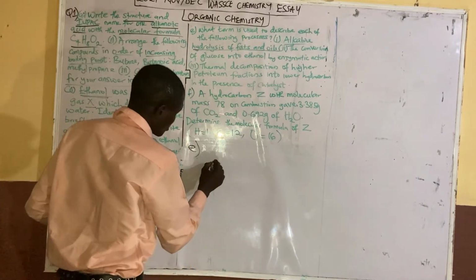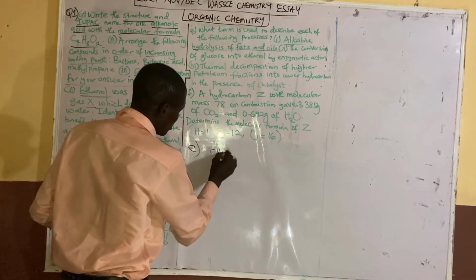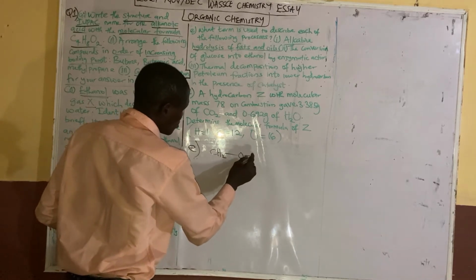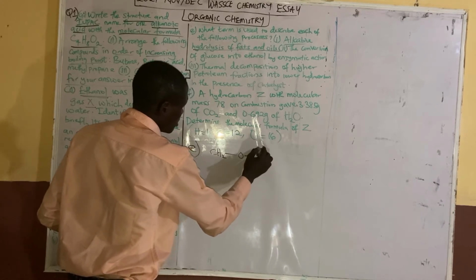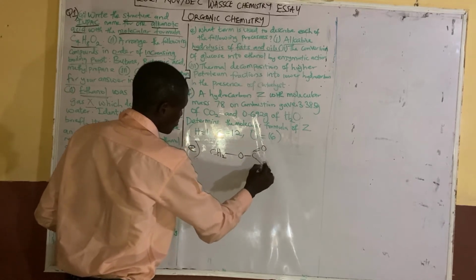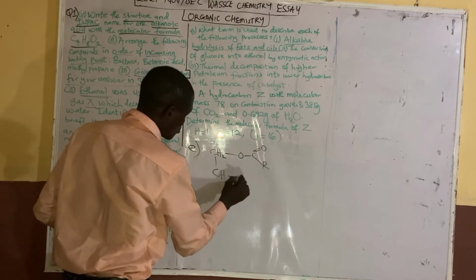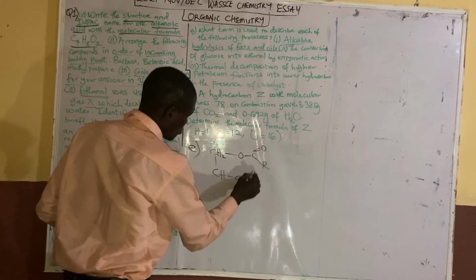Fat is written like this, with CH2. Fat comes from esters. You can see this ester group, the functional group.